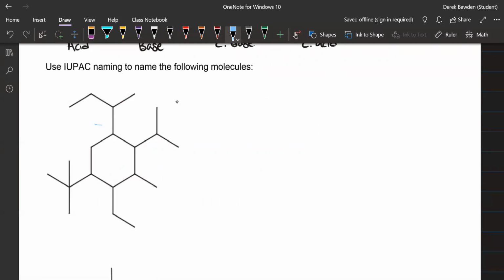What is this substituent at the top called? Anybody? This is a sec-butyl. Okay. Now this group right here.